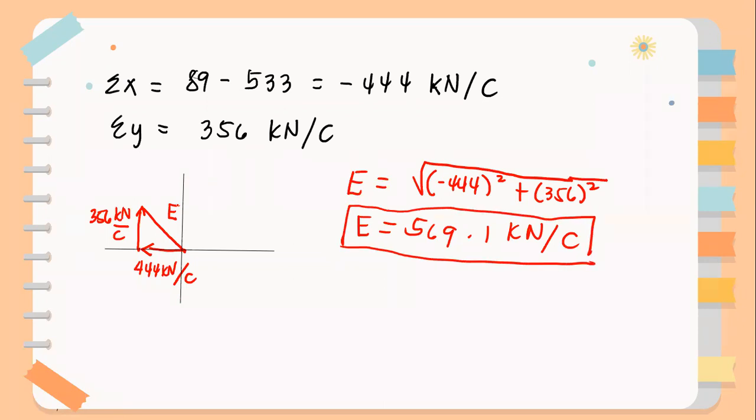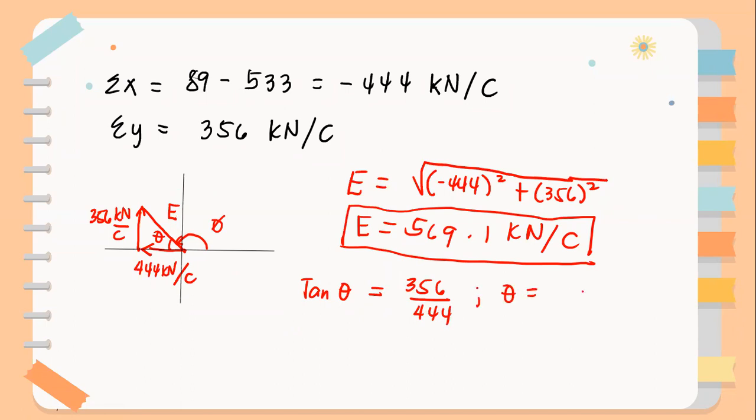While for the direction, this one is your angle theta. Therefore, this one is point P. Let us use tangent theta is equal to 356 over 444.